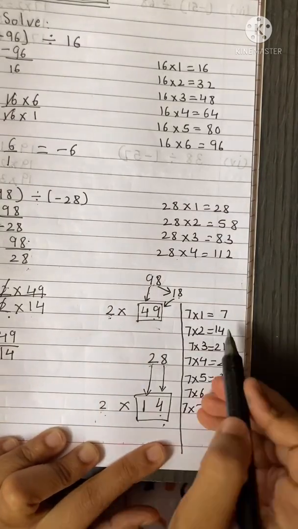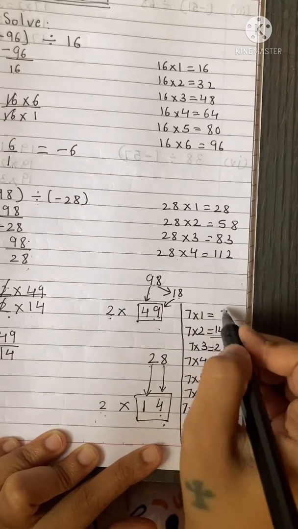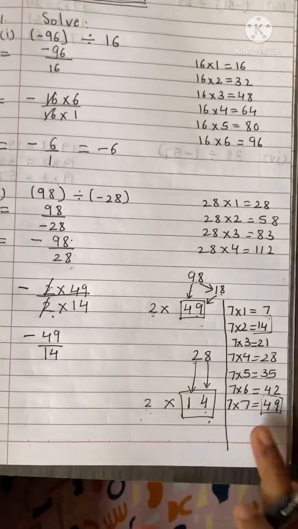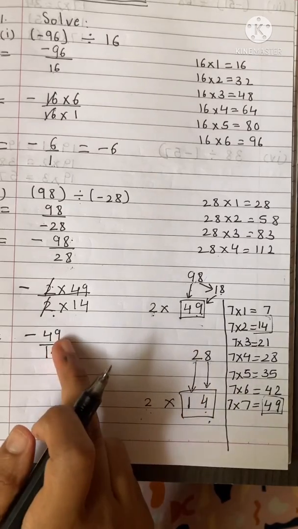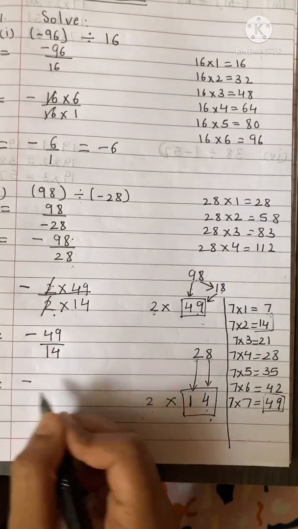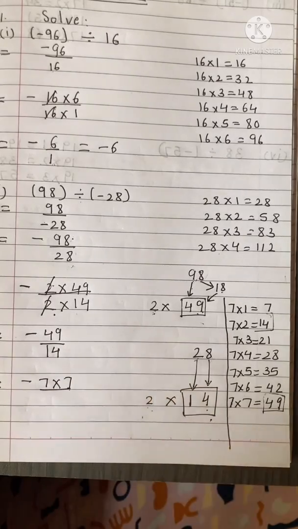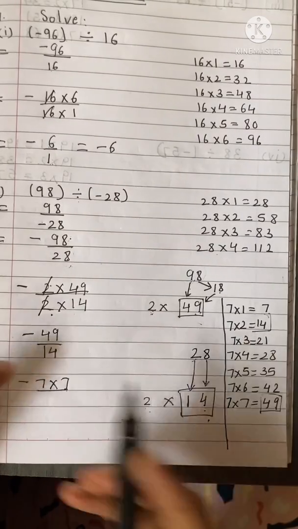So you can see here 14 as well as 49 come in one table, right? 7's table. So you have to write down its multiplier, 7 into 2 and 7 into 7. In 49's place, we'll write down 7 into 7. Minus sign as it is. And in place of 14, we'll write down 7 into 2.